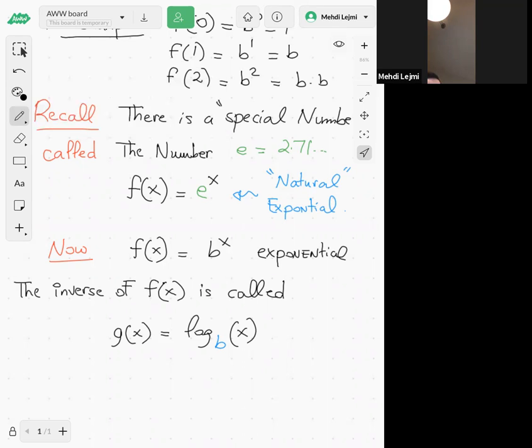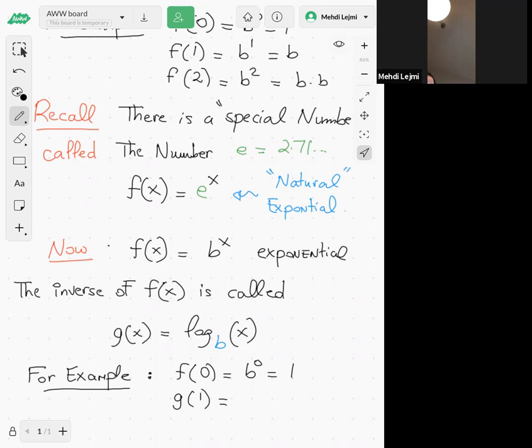So for example, what's f of 0, which is b to the 0? We said that's equal to 1, right? Now, what will be g of 1?